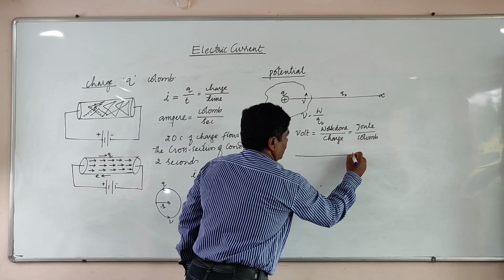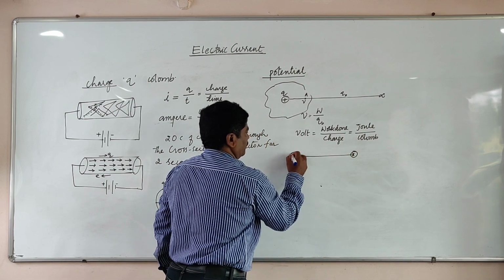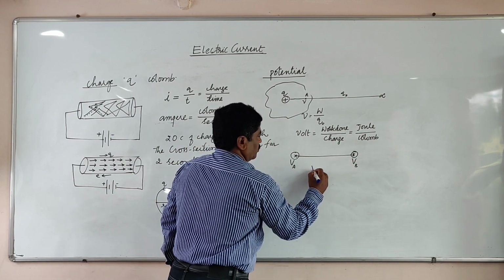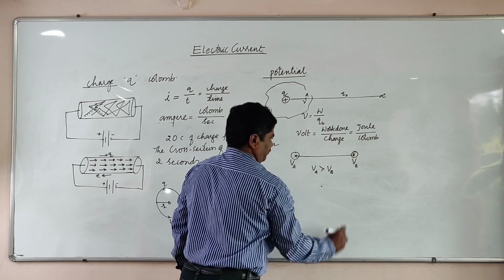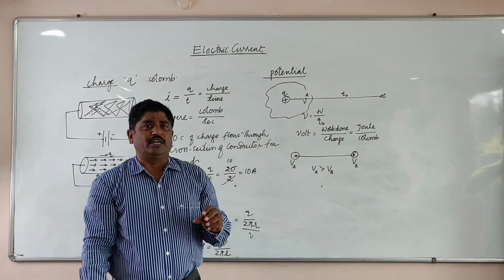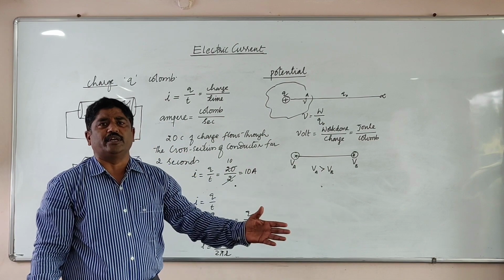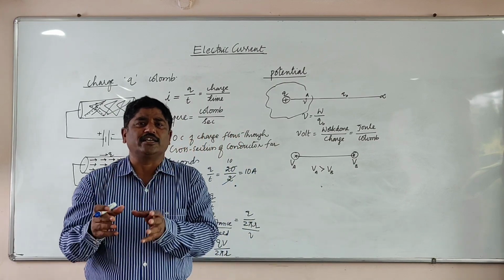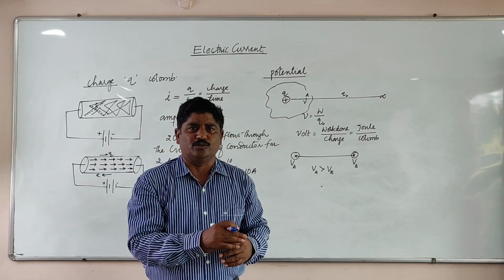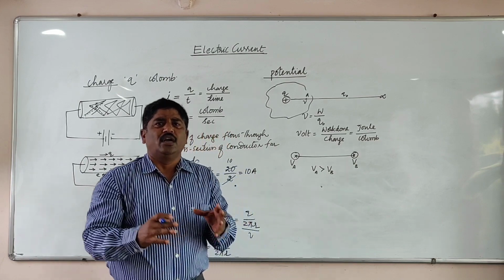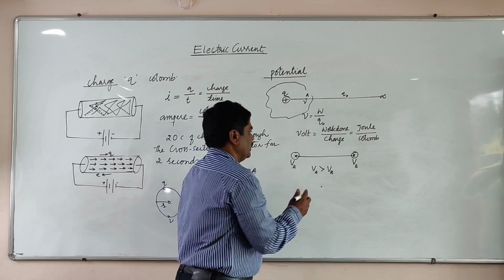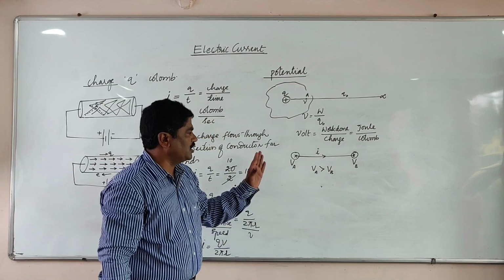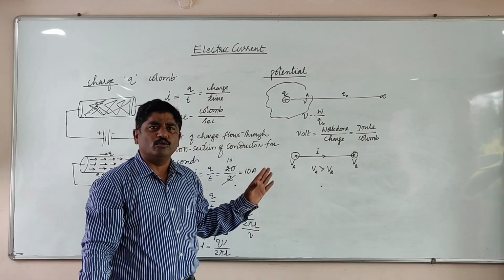But if two points have a difference of potential, for example VA and VB, where VA is greater than VB, then just as heat flows from high temperature to low temperature, wind blows from high pressure to low pressure, and water flows from higher altitude to lower altitude, according to nature, electric charge always flows from higher potential to lower potential.